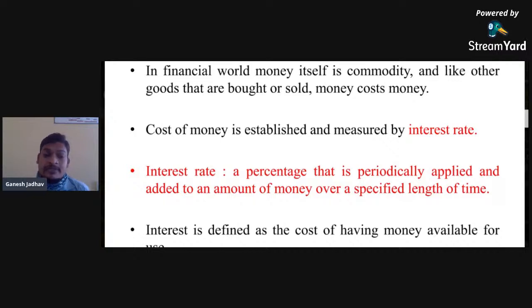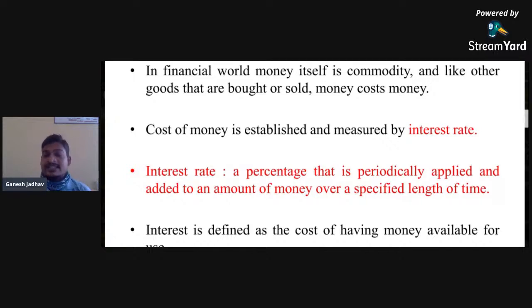So this is the interest rate, the percentage that is periodically applied and added to an amount of money for a specified length of time, whether 6 months, 1 year, or 2 years.